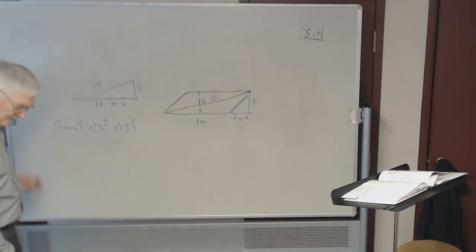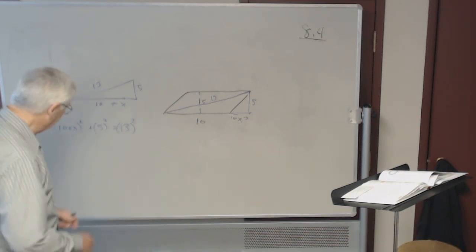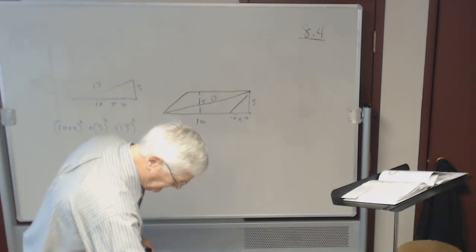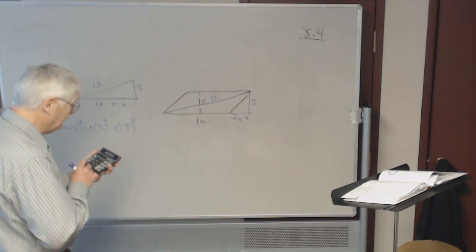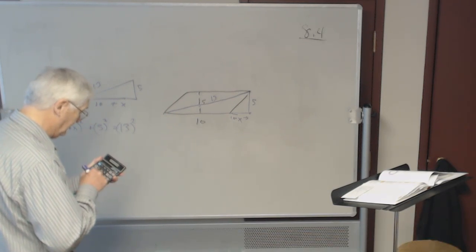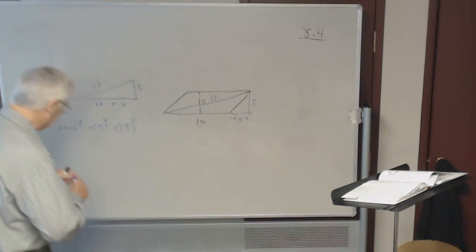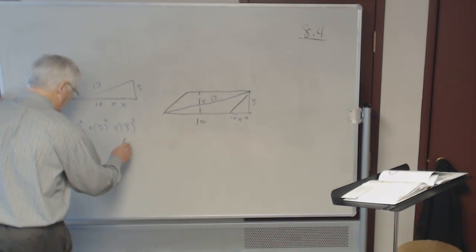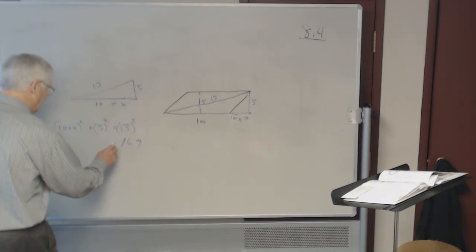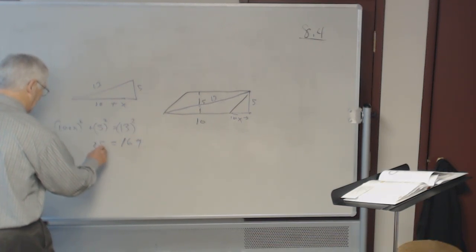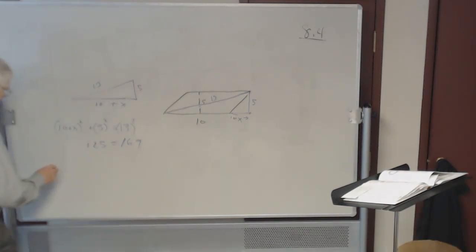So now, what's 13 times 13? Isn't that 169? Yeah. So I've got 169 equals 25 plus, what would that be? 100 plus 20x plus x squared.